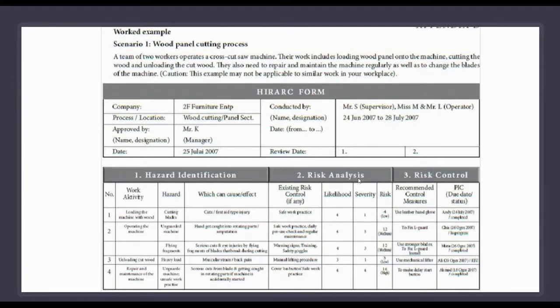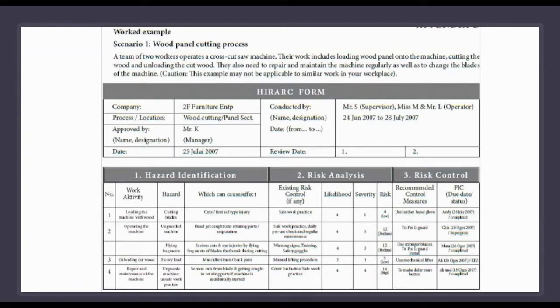And then the risk analysis, the likelihood is number 4, quite high, but the severity is number 1 because it only requires first aid type injury lah. So the risk is 4. 4 is a low level of risk. So the risk control for the low level, number 4, is only to use the leather hand glove, which is the PPE.